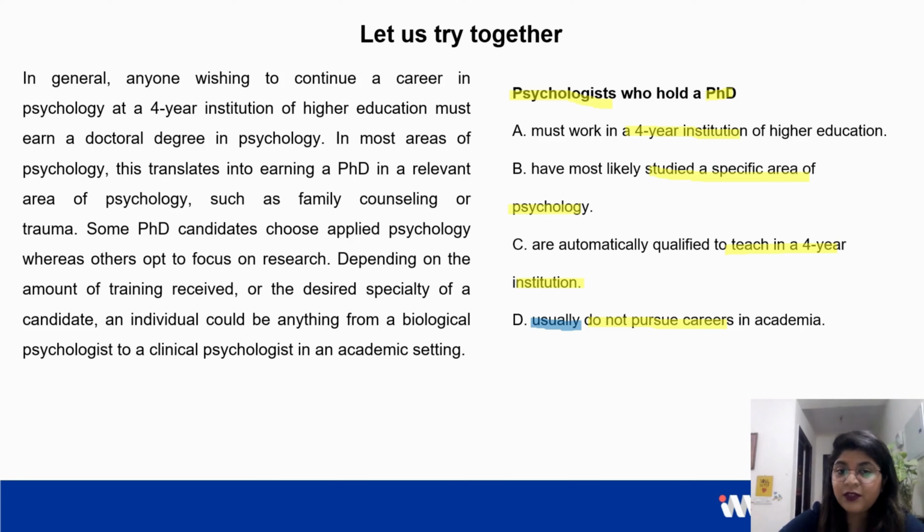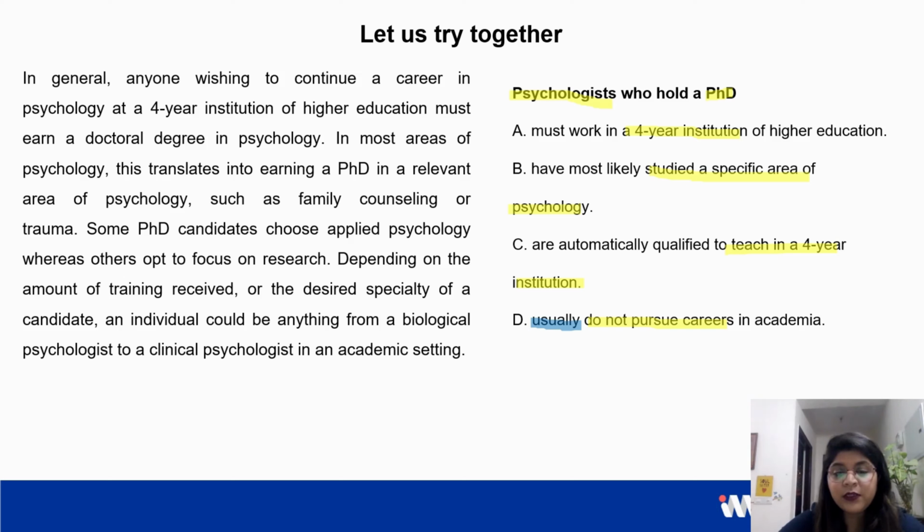Some PhD candidates choose applied psychology, whereas others opt to focus on research. Depending on the amount of training received or the desired specialty of a candidate, an individual could be anything from a biological psychologist to a clinical psychologist in an academic setting.